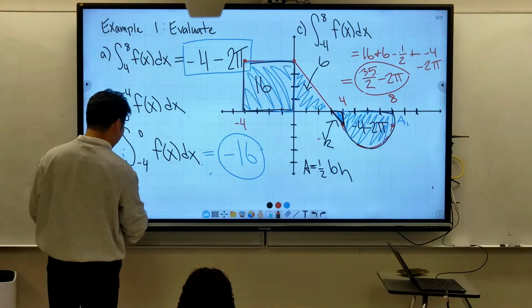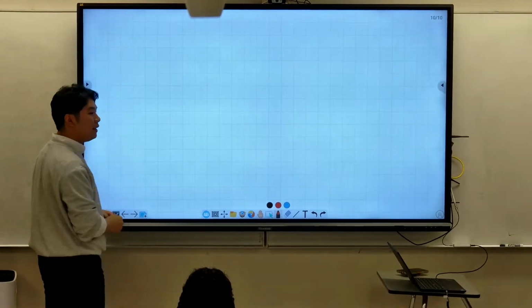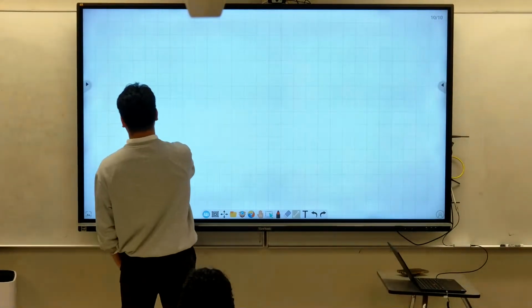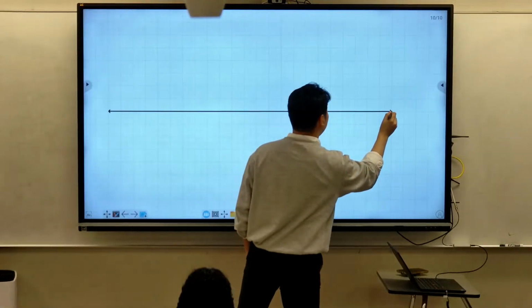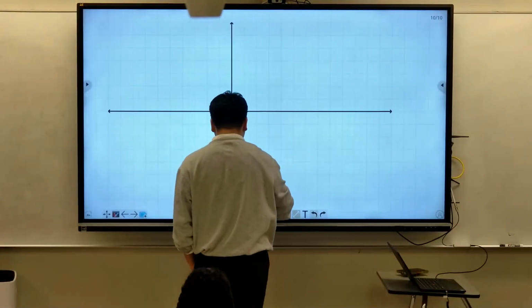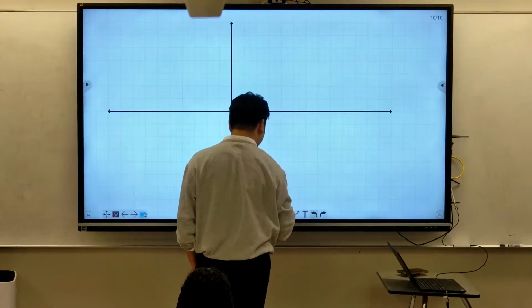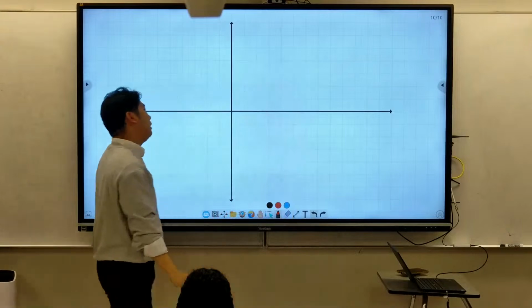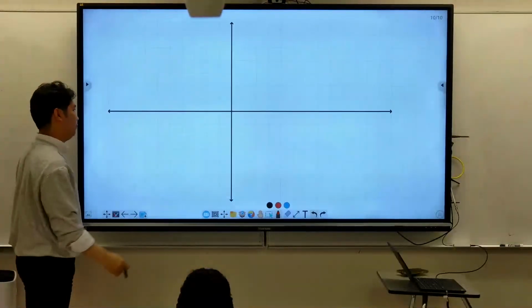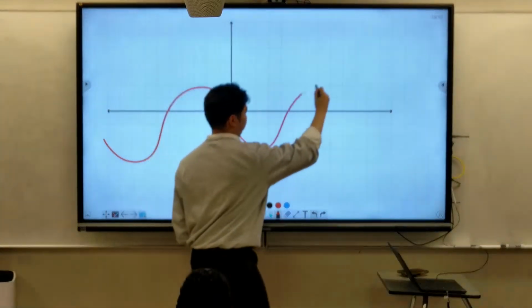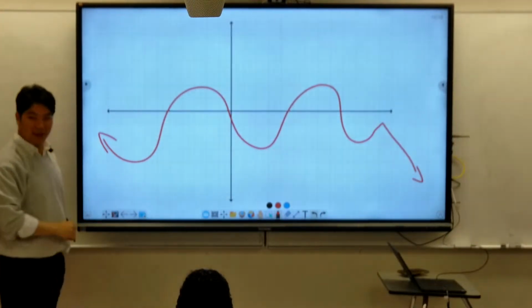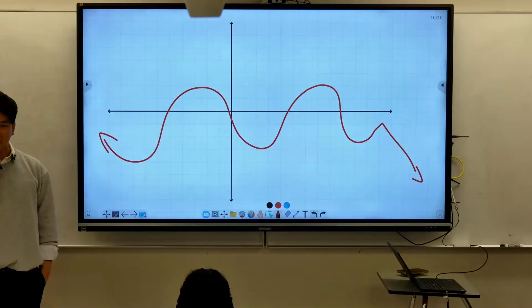So what if I had, and you don't have to write this, this is going to be what if. What if I had a graph that was more like this. Let me draw my X and Y. And assume that these aren't perfect half circles either.